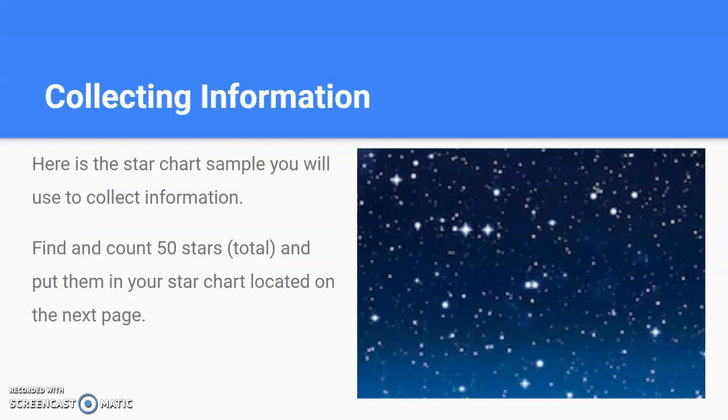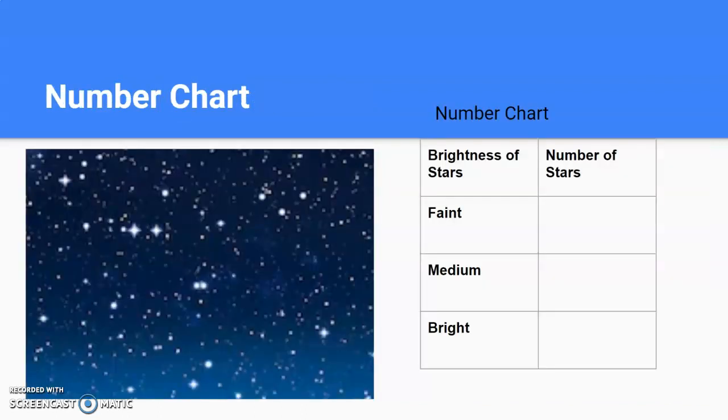Collecting information. Here's the star chart sample you'll use to collect information. You're going to find and count 50 stars and put them in your star chart located on the next page. Here's your number chart.